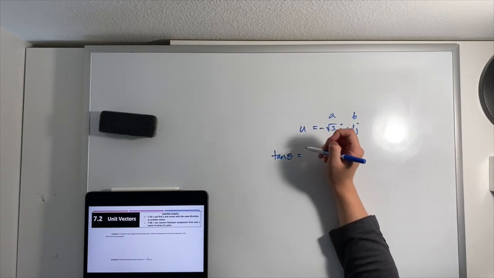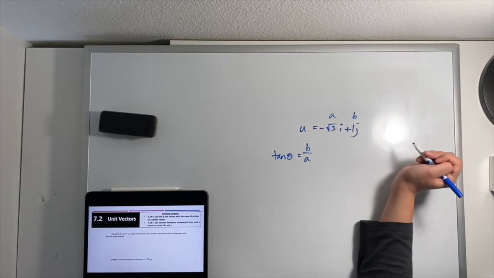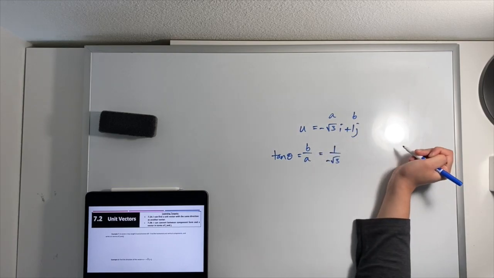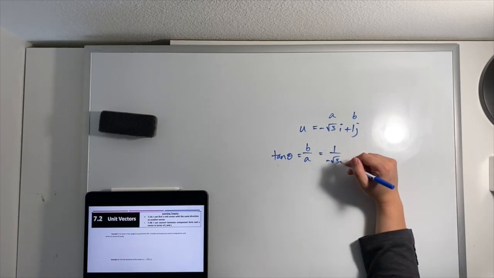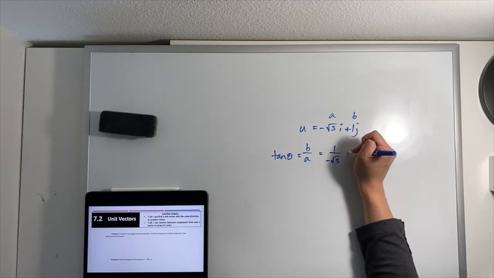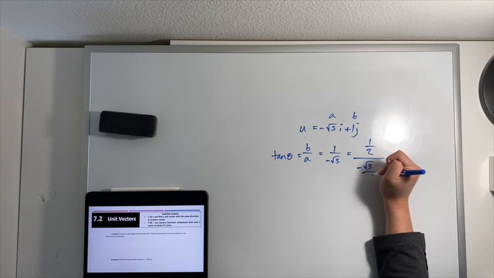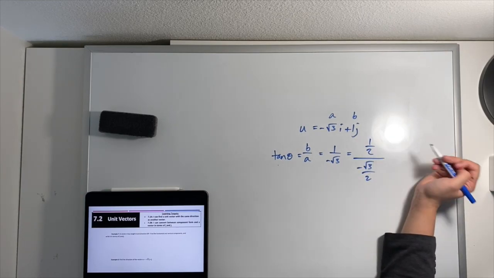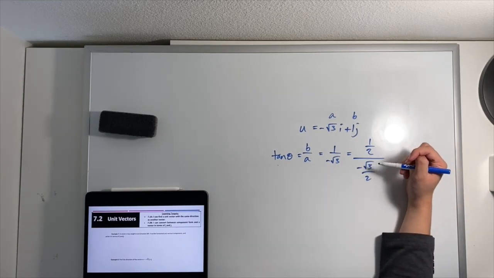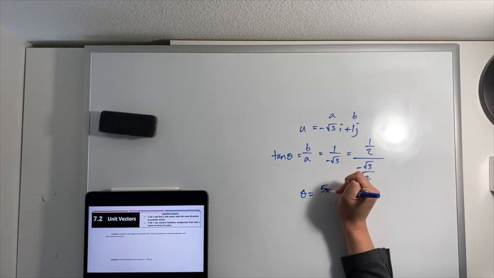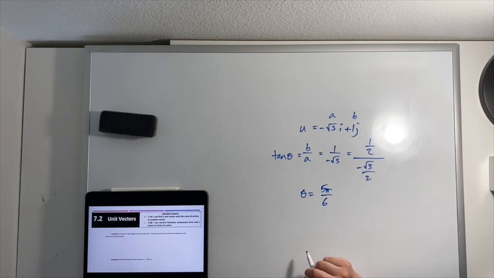Tangent of theta equals y over x, b over a. Tangent, we're going to need to use the inverse tangent. Hopefully you still remember that this needs to be unsimplified. We end up with this fraction. Where does this occur on the unit circle? 5 pi over 6. So the direction of this vector is 5 pi over 6.